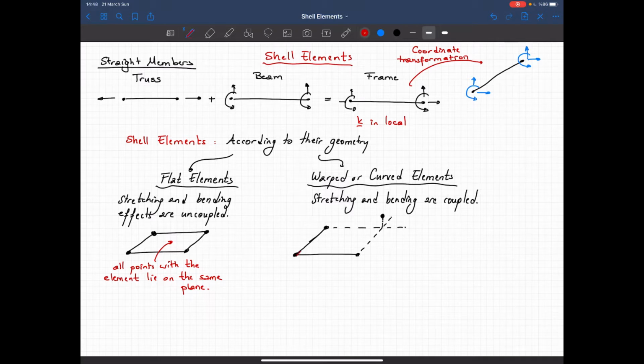So the geometry of the element may look like that. That's a warped element. And we can also have a curved element.